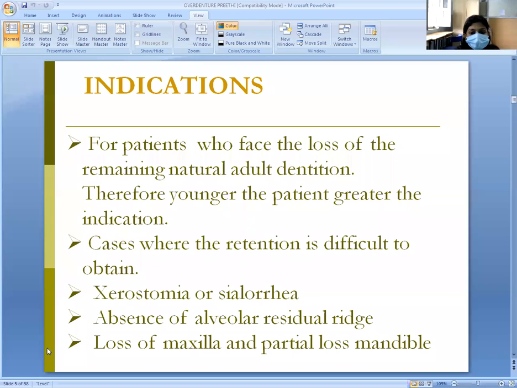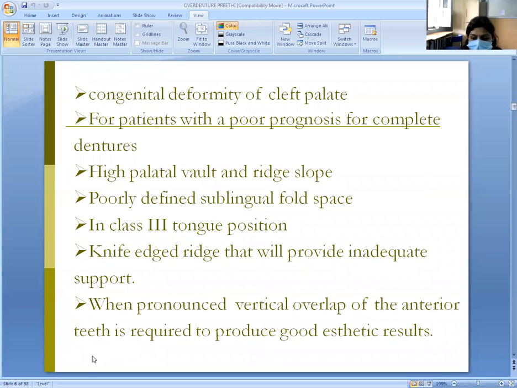Then loss of maxilla or partial loss of mandible. In those cases, the overdenture is a good option to replace the missing segment of maxilla or mandible.